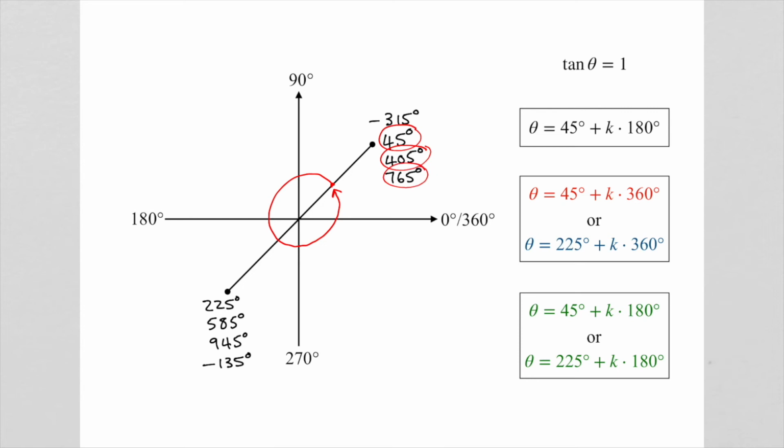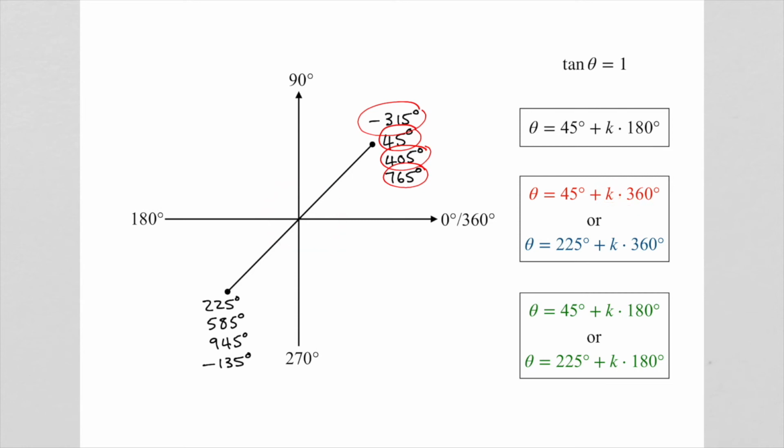And then again, as we did with the 45 plus K180, I'm going to also subtract a 360. So that is when we replace K with -1. So if we subtract 360, that means we are going clockwise. So let's go clockwise from 45, and that takes us to -315 degrees.